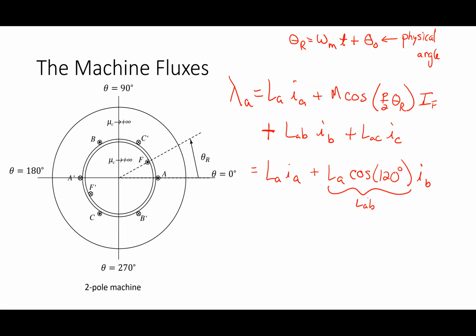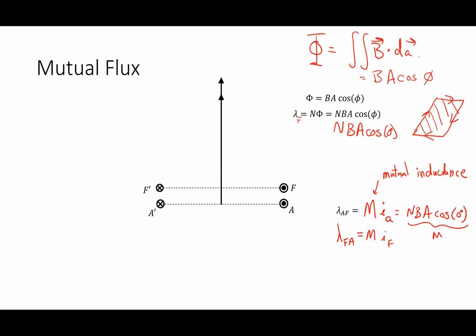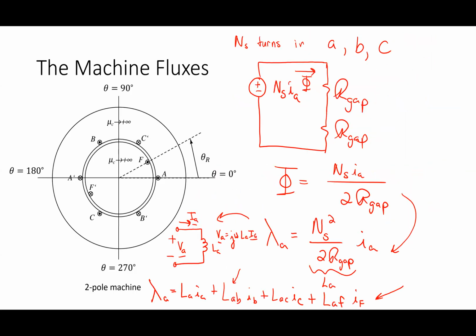Okay. So basically what it's saying with that is that the coils are identical, right? LAB just ends up being LA times cosine 120 because, think about it, going back to this picture here, lambda is n squared over 2 times the reluctance of the gap, right?